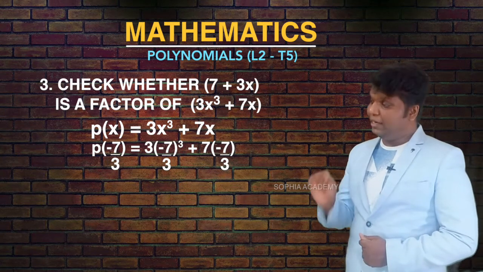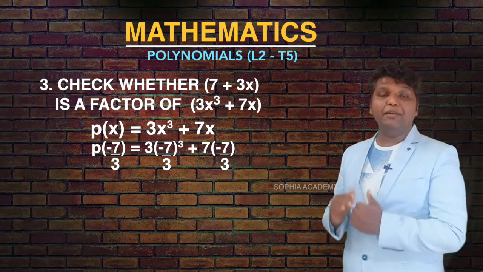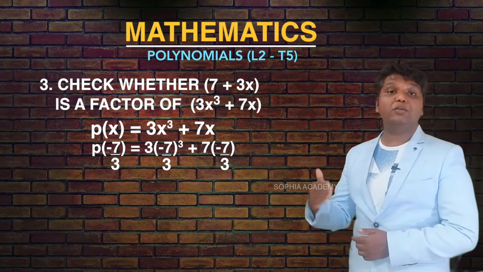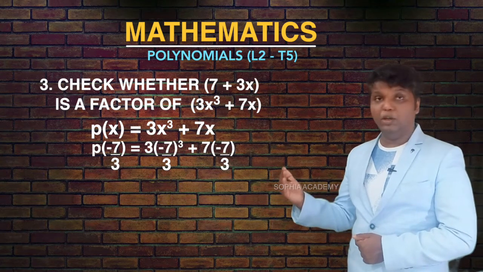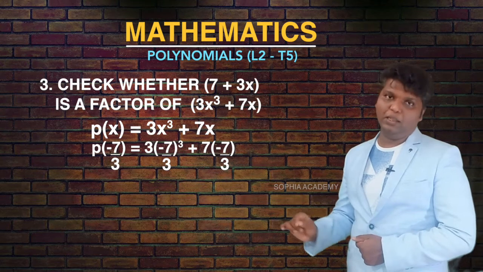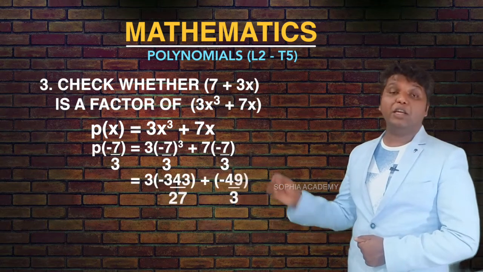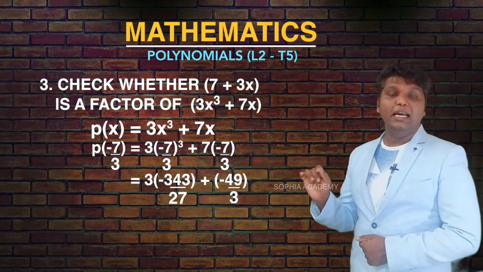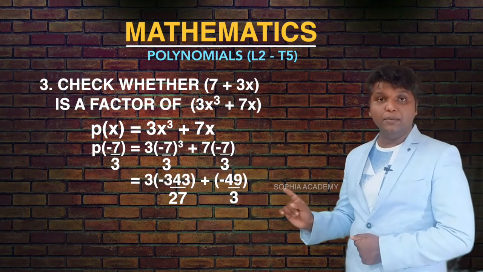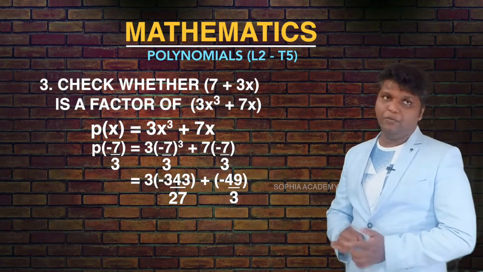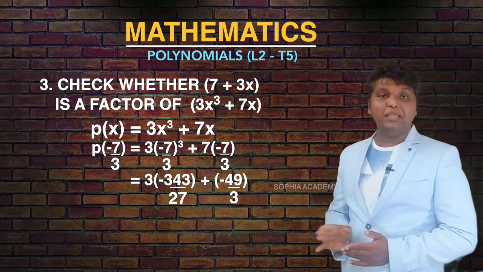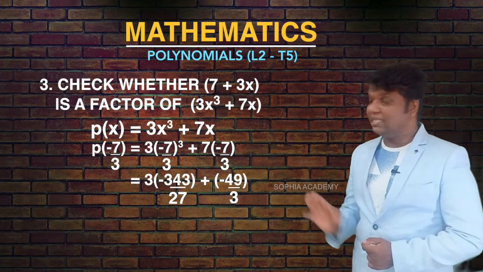So 3 into minus 7 by 3 the whole cube: 7 into 7 into 7 in the numerator, 3 into 3 into 3 in the denominator. So 7 cube is 343 divided by 3 into 3 into 3, which is 27. First term is over. Then plus 7 into minus 7 by 3.